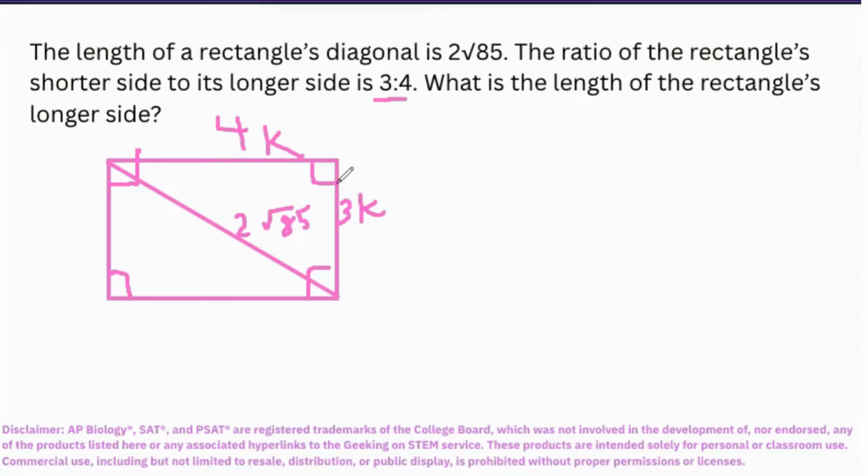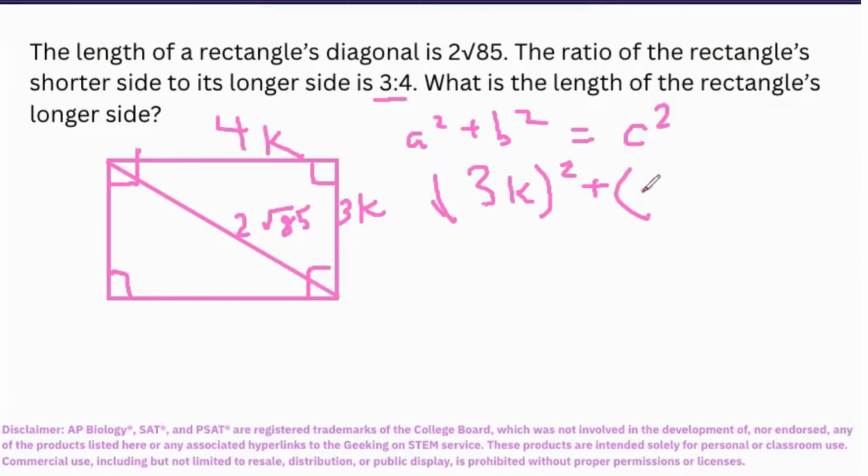So now you have to use the Pythagorean theorem, which states a squared plus b squared equals c squared. And you can go ahead and type that in. When you do that, you get 3K squared plus 4K squared equals what we're trying to find out.